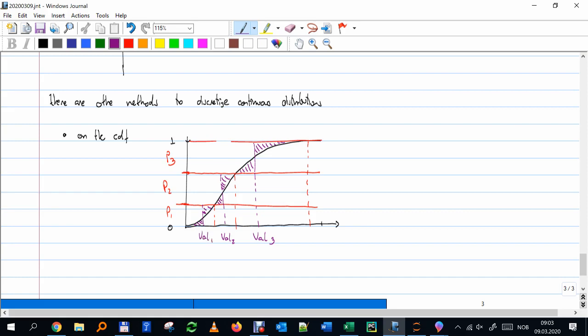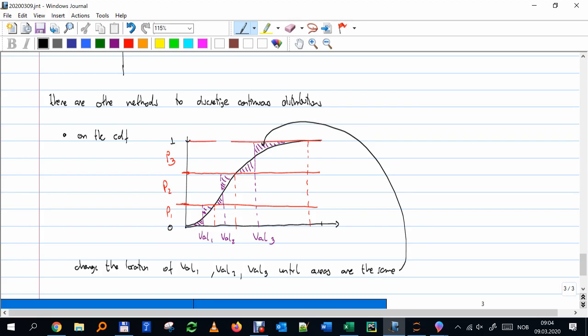So you change the location of value 1, value 2, and value 3 until the areas are the same. And the areas that I'm referring to are this area and this area.